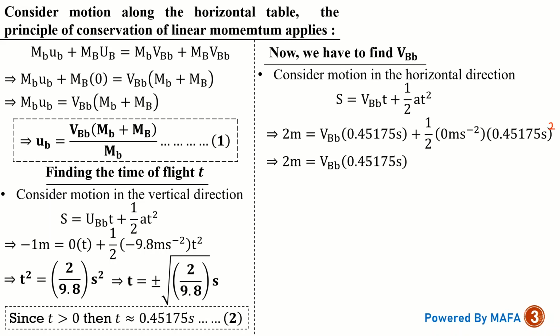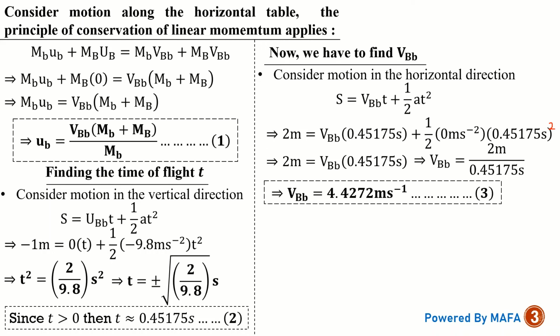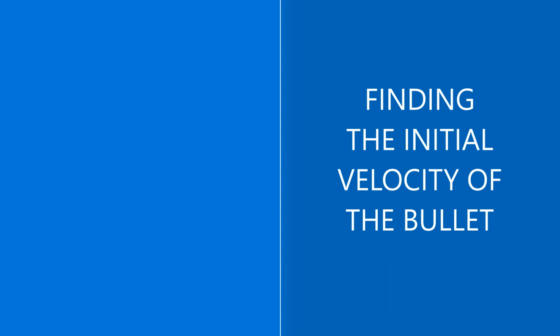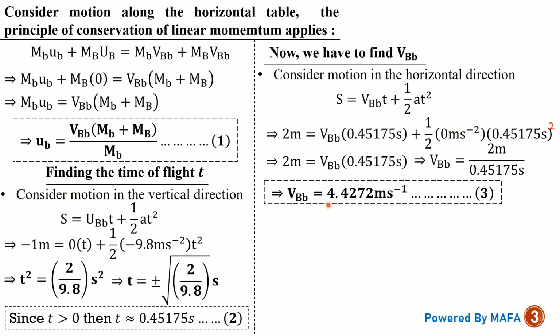Okay, so we can divide both sides by the time of flight, and from there we approximate the value of their common velocity after impact in the first scenario, which is actually the initial velocity in the second scenario. It approximates to 4.4272 meters per second.